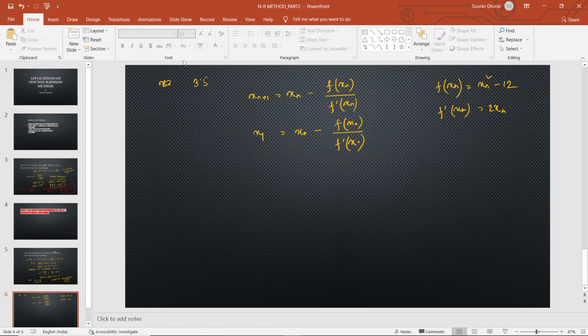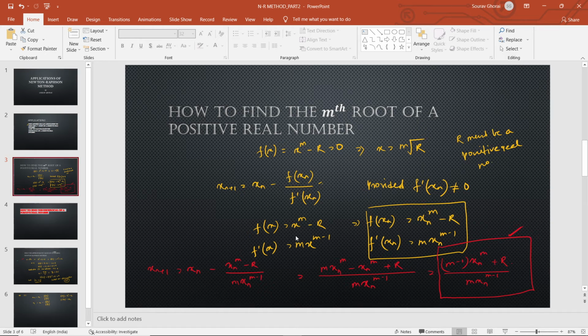Now I can use a simplification rule here: if you follow the formula xn plus 1 is equal to ((m minus 1) xn to the power m plus r) divided by (m xn to the power m minus 1).